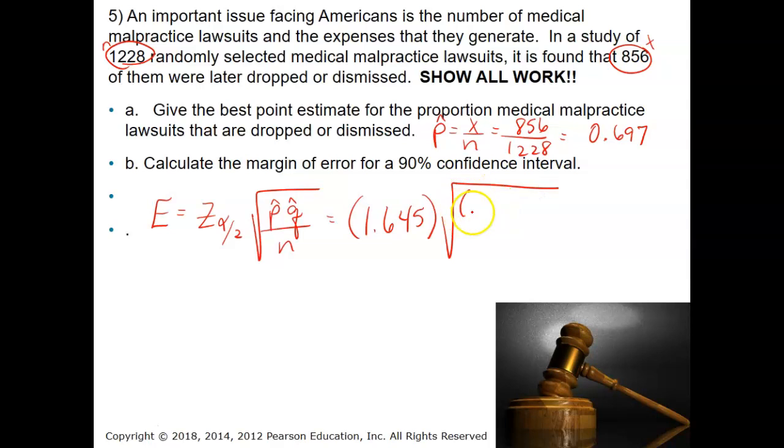My p hat is 0.697. Q hat is 1 minus that, which is 0.303. And then my n is 1228. So my margin of error for this one is 0.216.